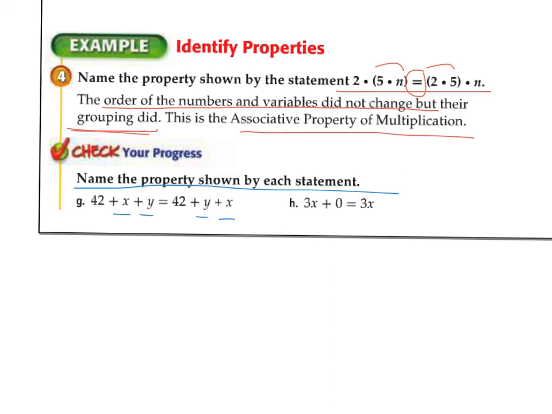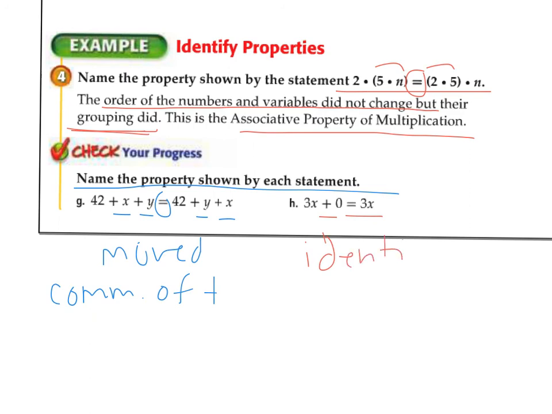There's no groupings, the operation didn't change, the variables moved. So since the variables moved, but the value stayed the same, this would be the commutative property of addition. The second one, 3x plus 0 stays as 3x. We added 0. This is the additive identity property. Kind of writing backwards.